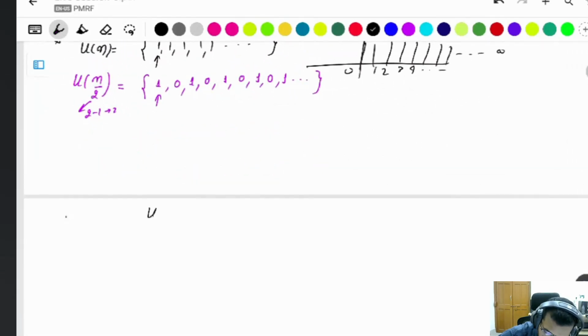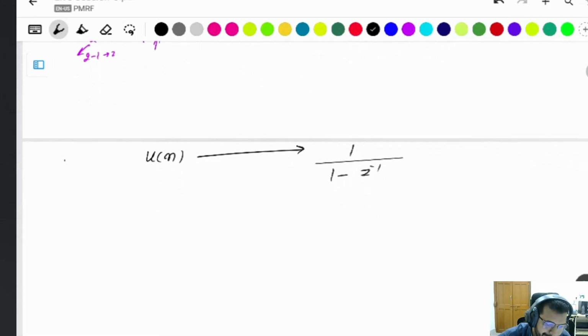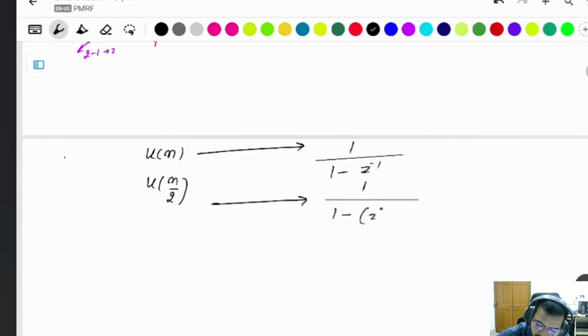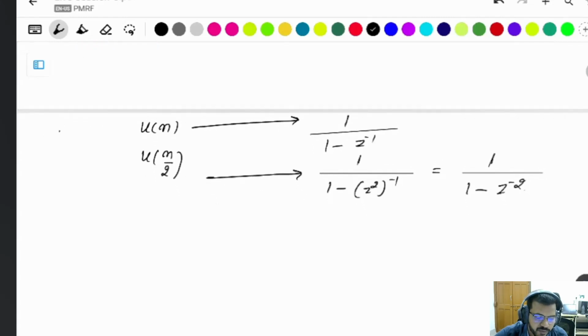So what is the Z transform of u[n]? All of you know this one: 1 divided by 1 minus z inverse. Then what is the value for u[n/2]? Simply in place of z, you put z squared: 1 divided by 1 minus z to the power minus 2.